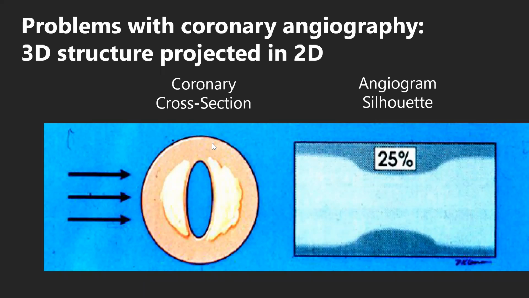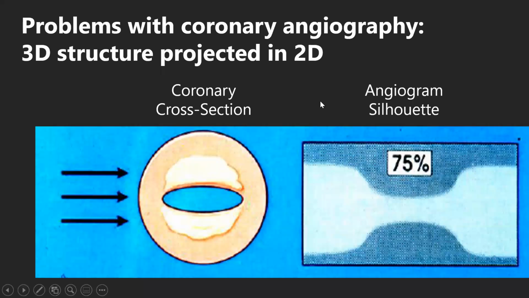This may be 25% stenosis, represented here. If you tilt the donut upside down, you see that it is actually a lot more blocked than it appeared. So the angiography now looks at about 75% stenosis. This is the problem with coronary angiography: it's a three-dimensional structure projected in a two-dimensional view, so there are inherent problems with angiography.